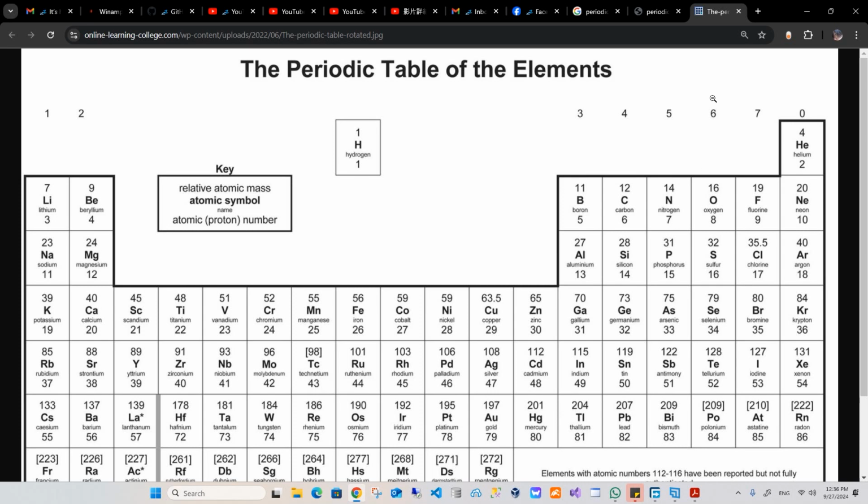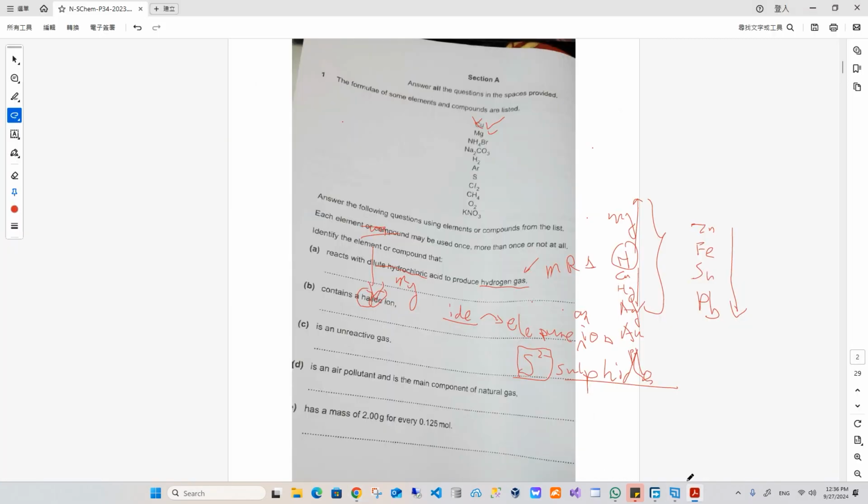You also heard something about chlorate, chlorine with ATE. That means it's chlorine with some oxygen. The ATE form means having many oxygens; in ATE, the number of oxygens is the maximum. For example, sulfate.